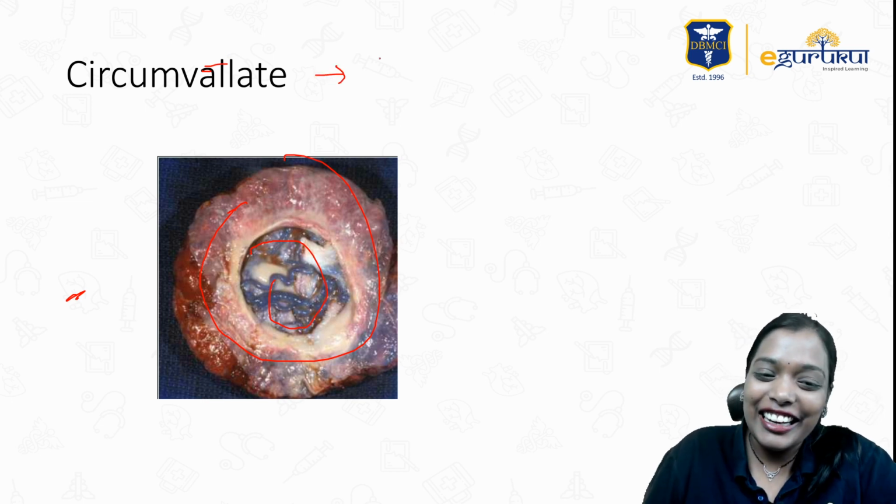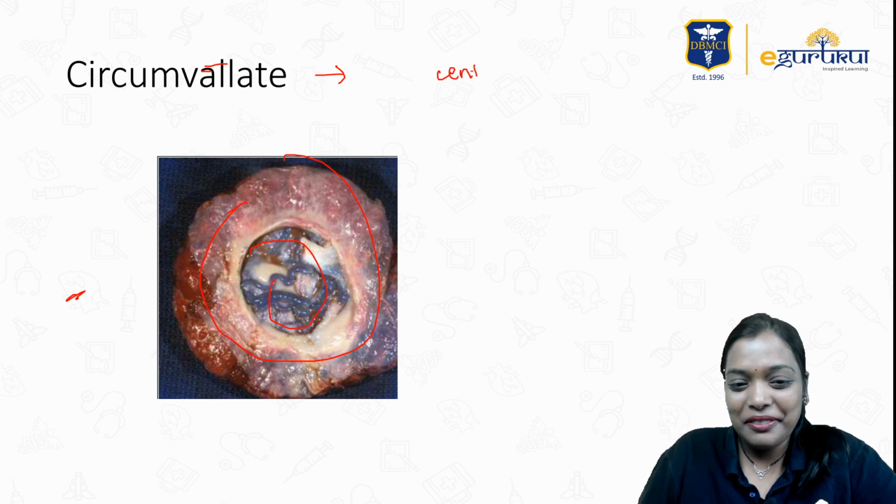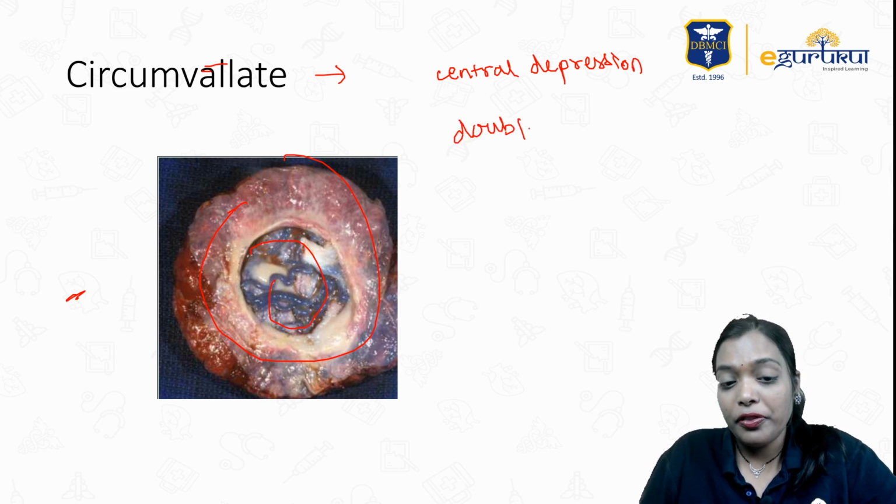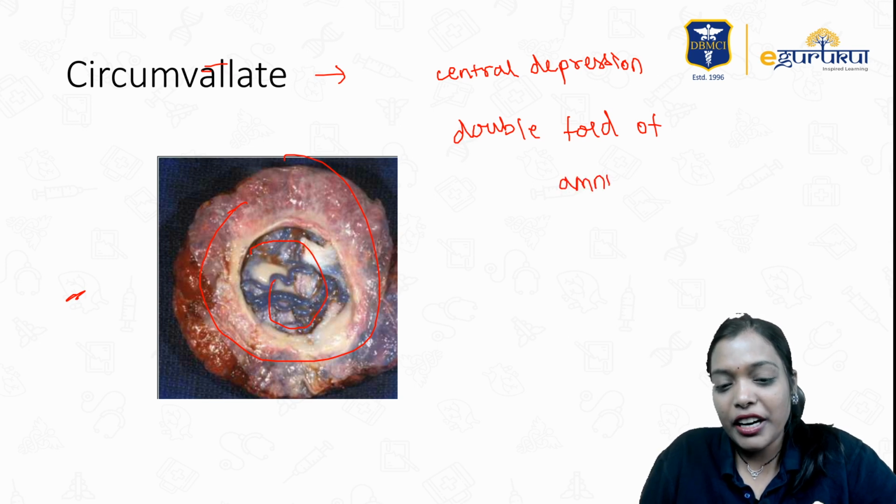So circumvallate has a central depression and a double fold of amnion and chorion.